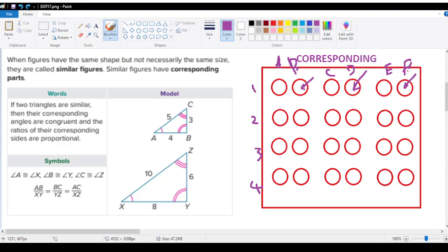Let's say this is F, the last one, and this is B.